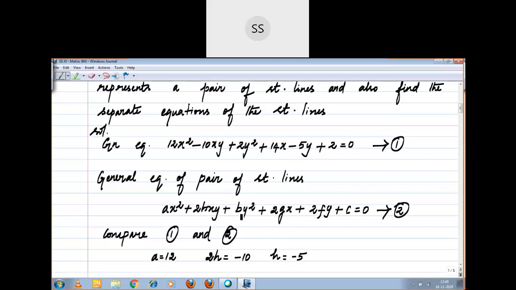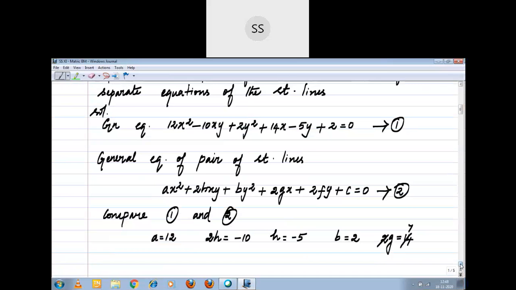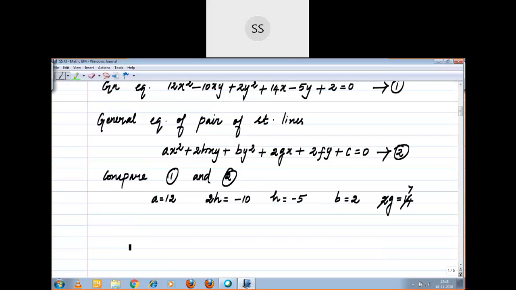Next, the coefficient of y² in general is b, in the given it is 2, so b equal to 2. Next, the coefficient of x in general is 2g, in the given equation it is 14, so g equal to 7. Next, the coefficient of y in general is 2f, in the given equation it is minus 5, so f equal to minus 5 by 2.